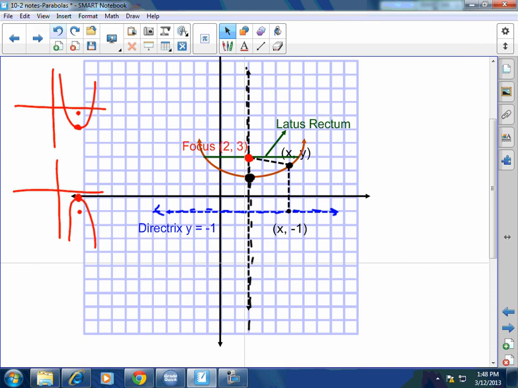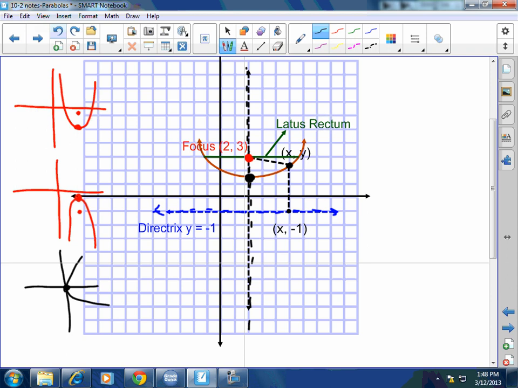If I have a graph opening to the right, it's a y squared, there's my vertex, there's my focus. If I have it opening to the left, there's my vertex, and here's my focus. So the focus will always tell you the direction in which the graph is going to be pointing.